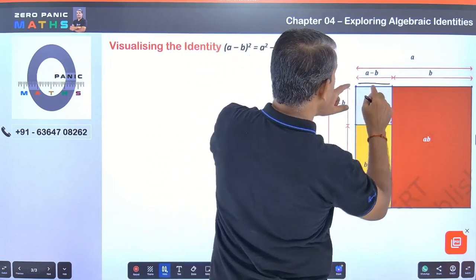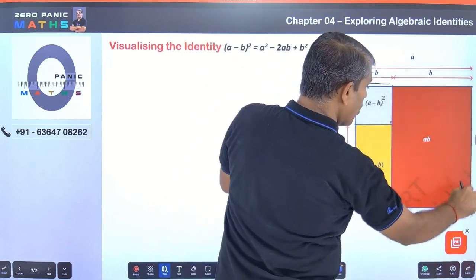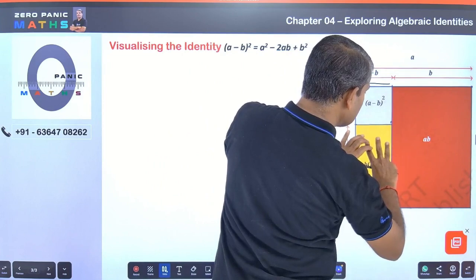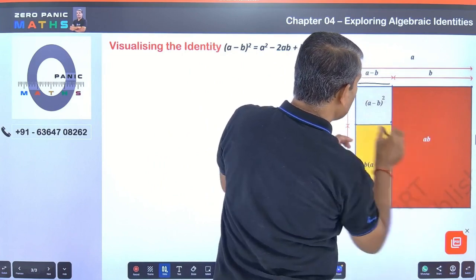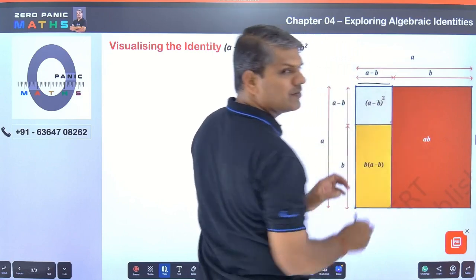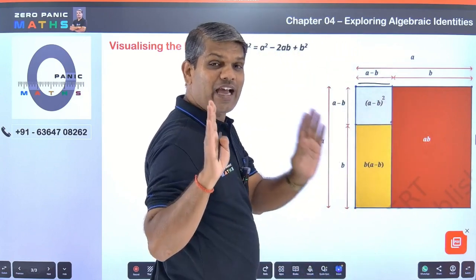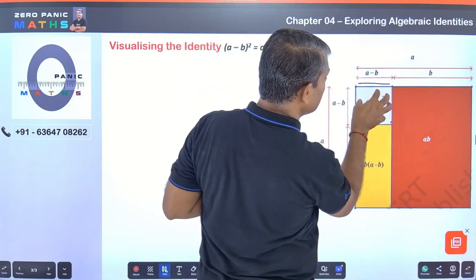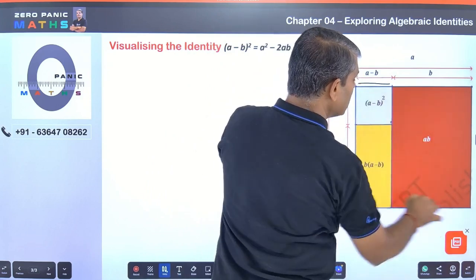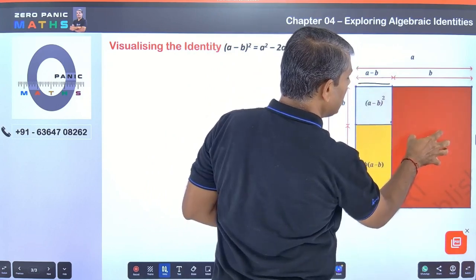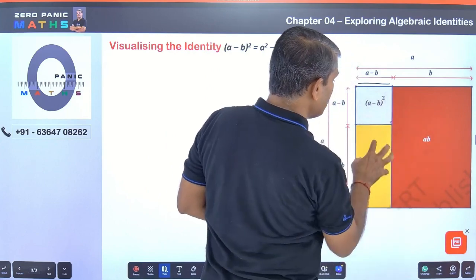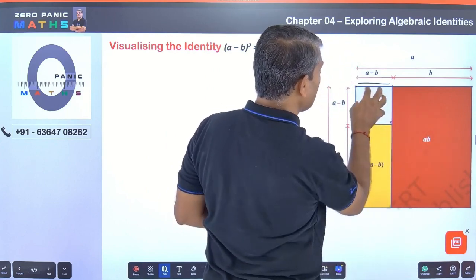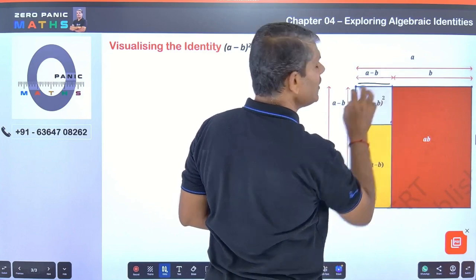I have to first take the area of the whole square and subtract this area and this area to get this area. Okay, geometrically. I'm asking you to think geometrically: if I just want the area of this square from the whole big square, I have to subtract the area of this rectangle and this rectangle, then I'll be left with the area of this square.